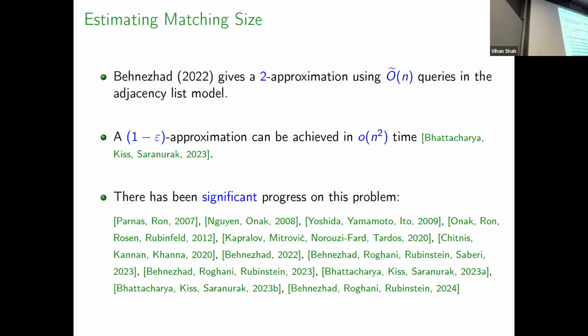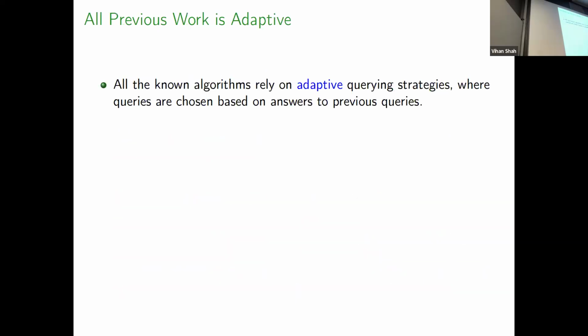But one thing about all of these results is that they relied on adaptive querying strategies. Right? So what does this mean? The algorithm will ask some queries, look at the answers, and based on the answers, ask more queries. So it is very natural to ask what happens if my queries are not adaptive, right?